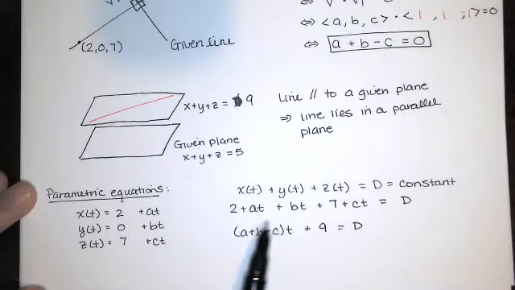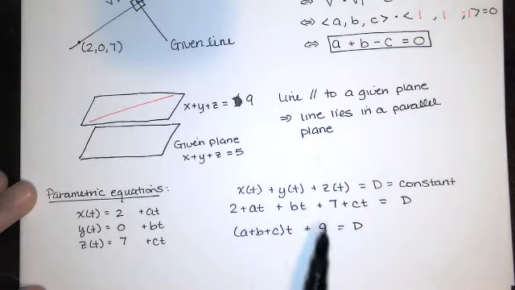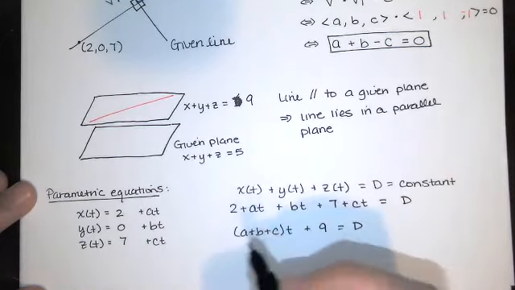And if all of the t's disappear, well, that means that the constant on this side equals the constant on this side, a plus b plus c must be 0.